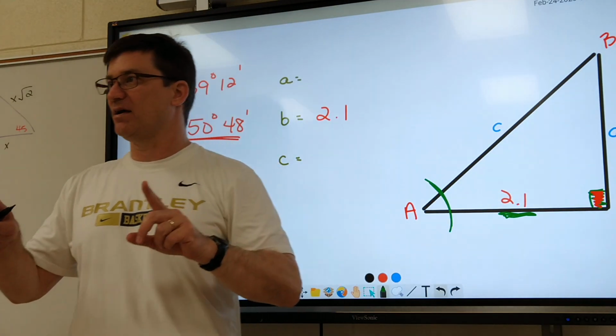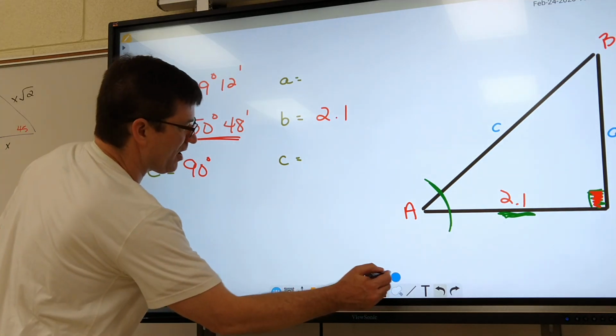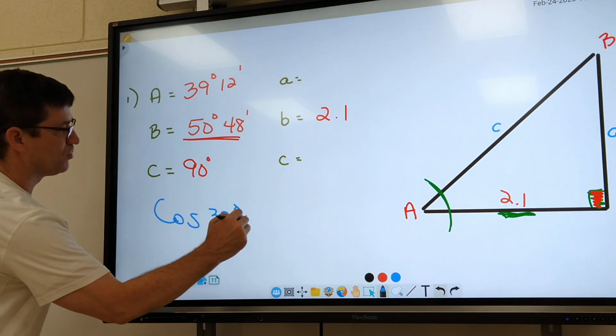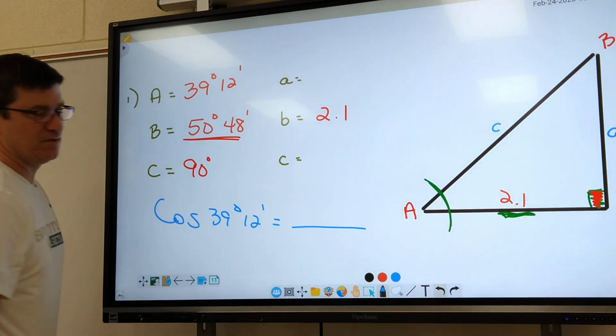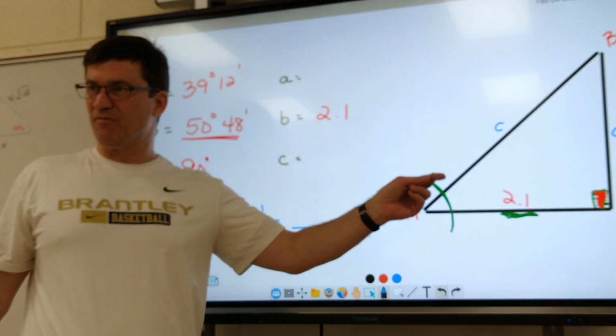All right, so next, pick a formula up here that's got the word adjacent in it for me. Cosine, we'll do cosine. All right, so we got to write down cosine of 39 degrees, 12 minutes equals... wait a minute, why did I write down 39 degrees, 12 minutes? Didn't I just say we're going to start from angle A every time?